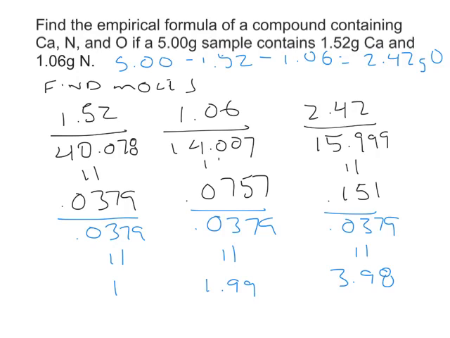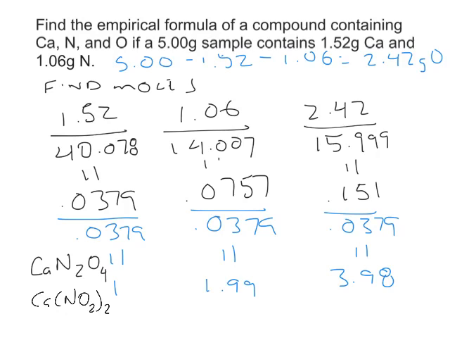Sorry, my pen is not wanting to work. Okay, so I have calcium, 2 nitrogens, 4 oxygens. That would be my empirical formula. This would be an adequate answer. If you're good with your polyatomic ions, you would probably recognize this as calcium nitrite, because nitrite is NO2, and we've got this.